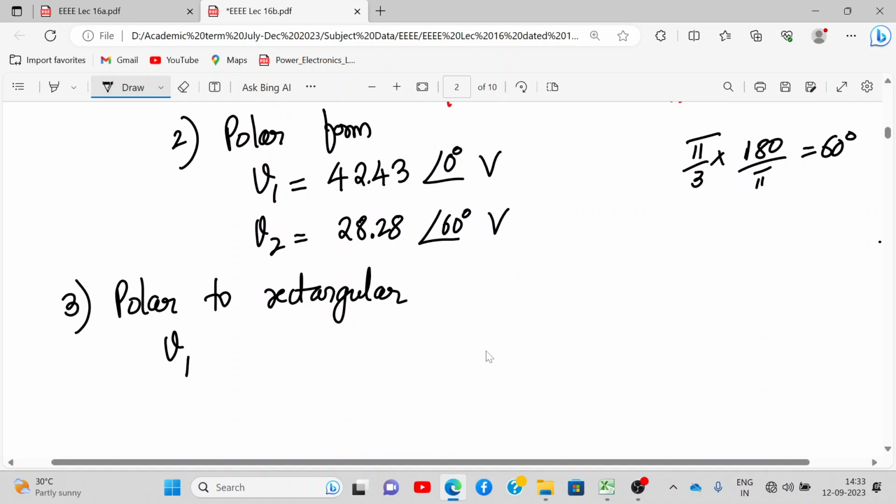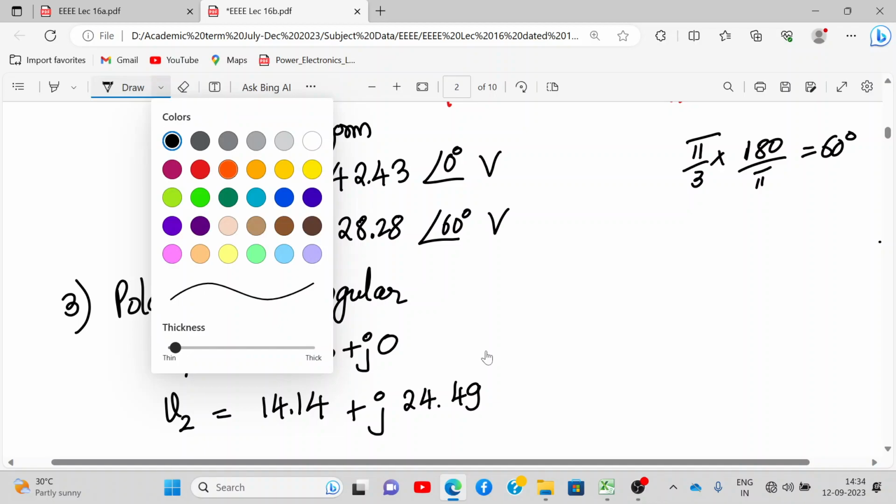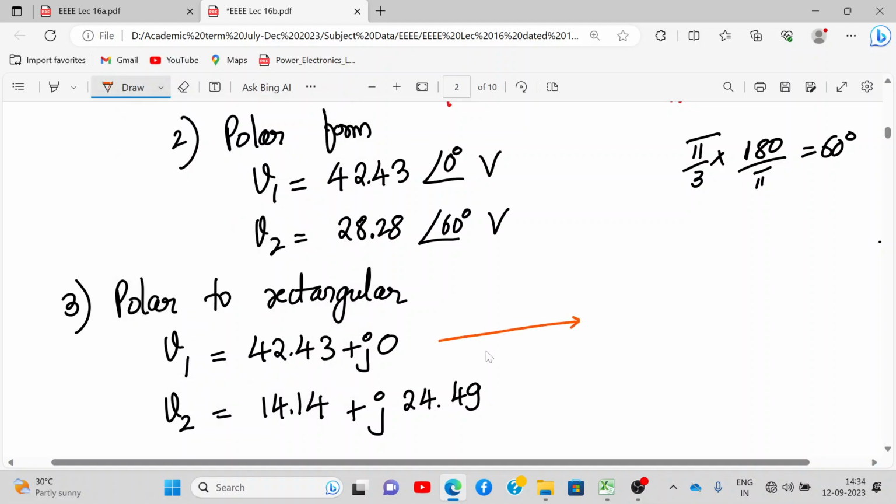So tell me the V1 value. 42.43 plus j0, right? The V2 value will be 14.14 plus j24.49. I hope you know by now how to do it in the calculator, right?